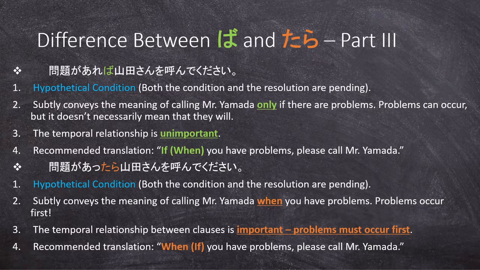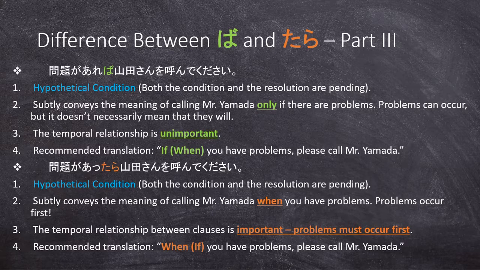So once again, to summarize, the differences between ba and tara are subtle, but they exist. So when the second clause contains any of the elements that we have talked about, such as prohibitions, bans, intents, desires, recommendations, then tara should be used. However, if you have a stative verb or an adjective describing a condition, then you can use both ba and tara.